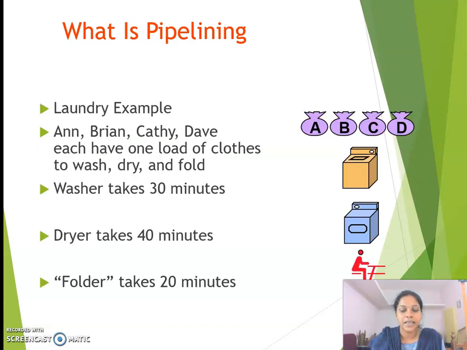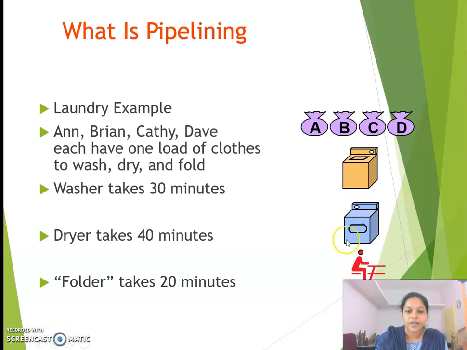This is a classic example of pipelining. We'll take a real-time example and then we'll see the concept of pipelining. This is a laundry example where 4 people have to wash their clothes and dry them. There are 3 functional units available: one for washing, another for drying, and the third for folding.